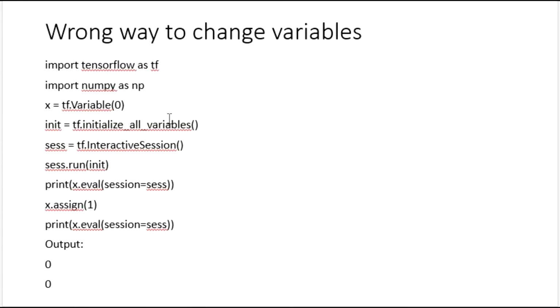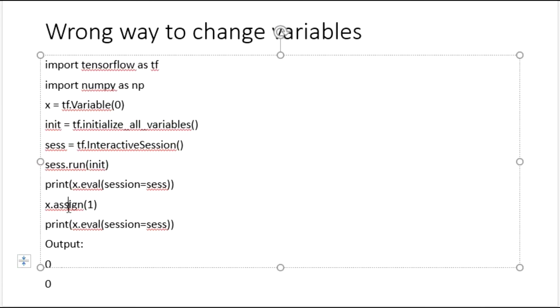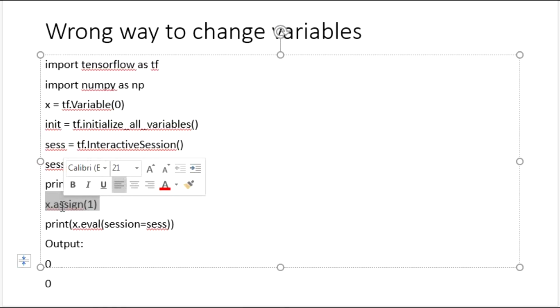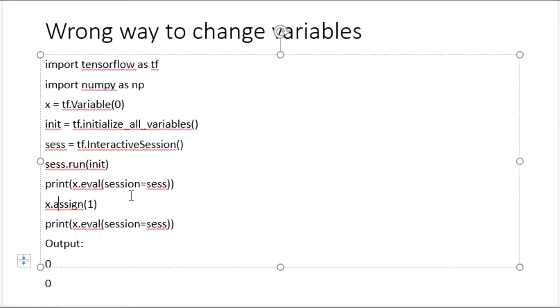So this assign, where is it? So this assign is an operation, so it needs to be run. In this example, it's not being run inside the session, so that's why this is the output 0 and 0, because it's not actually run.